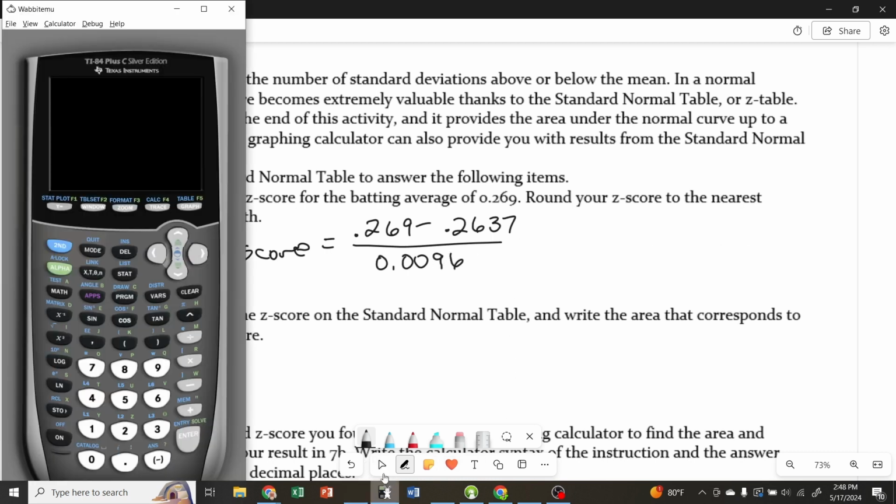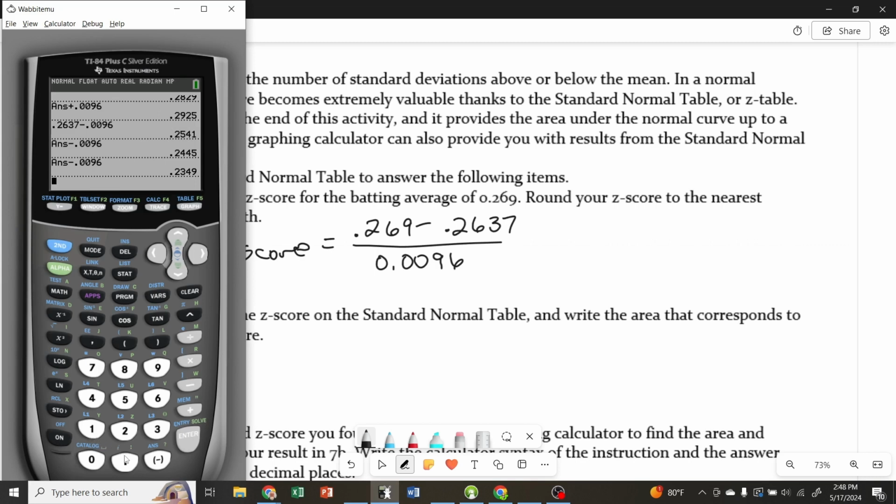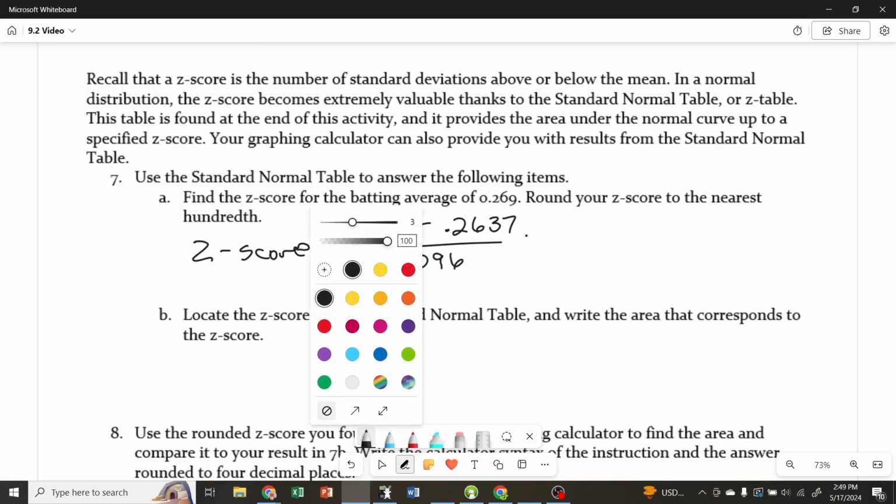So we can pull up our calculator and plug that in. I should have done my fraction, so I can do just one calculation: 0.269 minus 0.2637, divided by 0.0096. And I get 0.5520. So my z-score, rounding to the nearest hundredth, is 0.55.